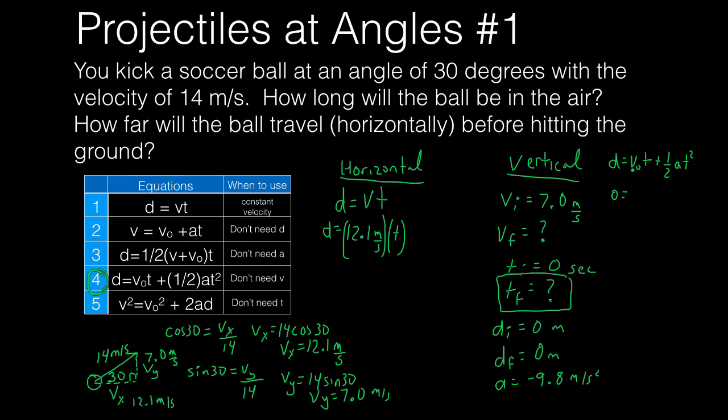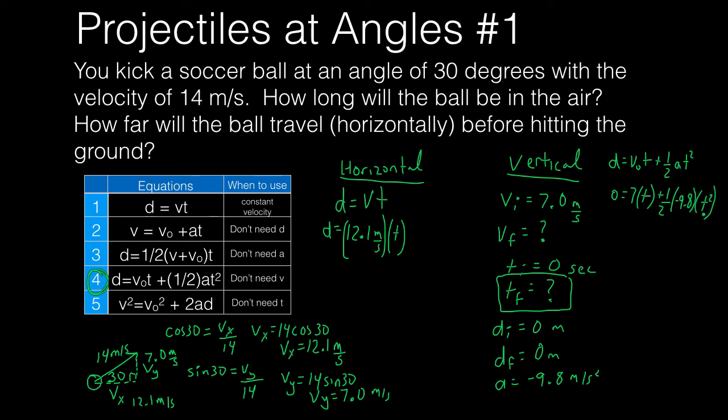Our initial velocity vertically was 7 meters per second, so 7 times t, which we don't know. So that's 7t plus 1/2, a is negative 9.8, so negative 9.8, times t squared.